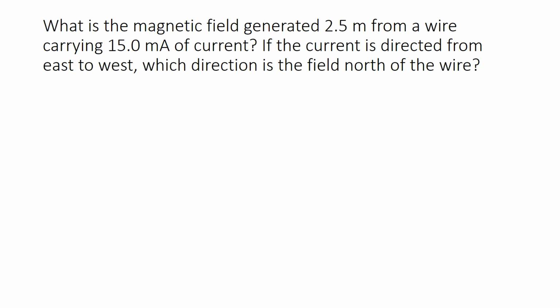So that's the big thing I wanted to go over, the directional stuff, because sometimes this stuff shows up on the departmental. So you know your distance from the wire, and 15 milliamps.